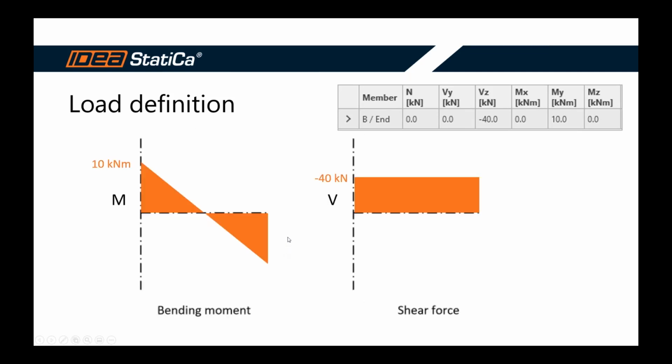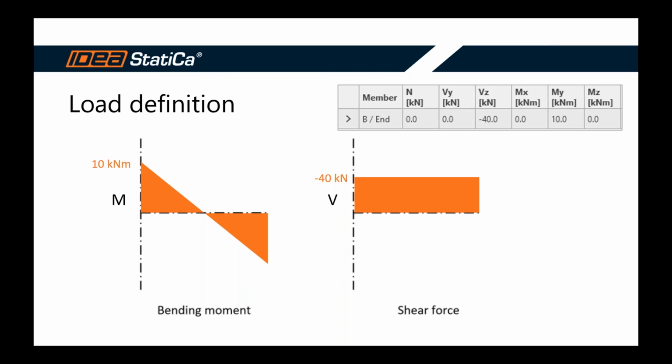So we assume that the shear force is constant, while the bending moment has a linear distribution. The slope, its tangent, is equal to the shear force. So for such a general connection where bending moment and shear force are defined, you can have such a distribution.